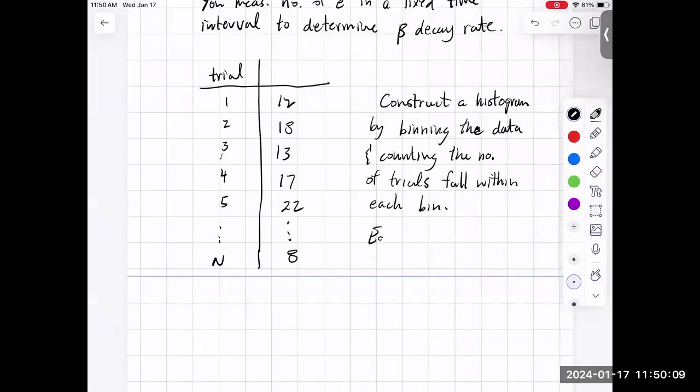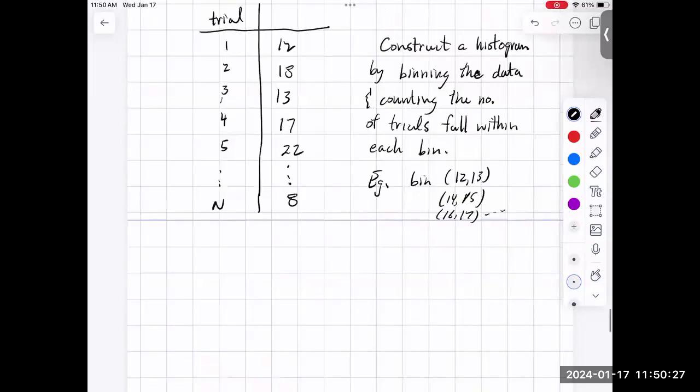For example, bins could be 12 and 13, 14 and 15, 16 and 17, and so on.